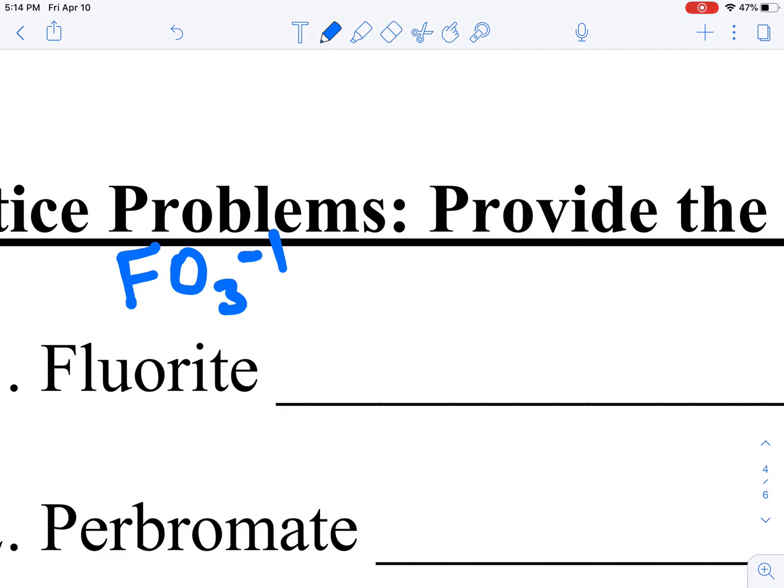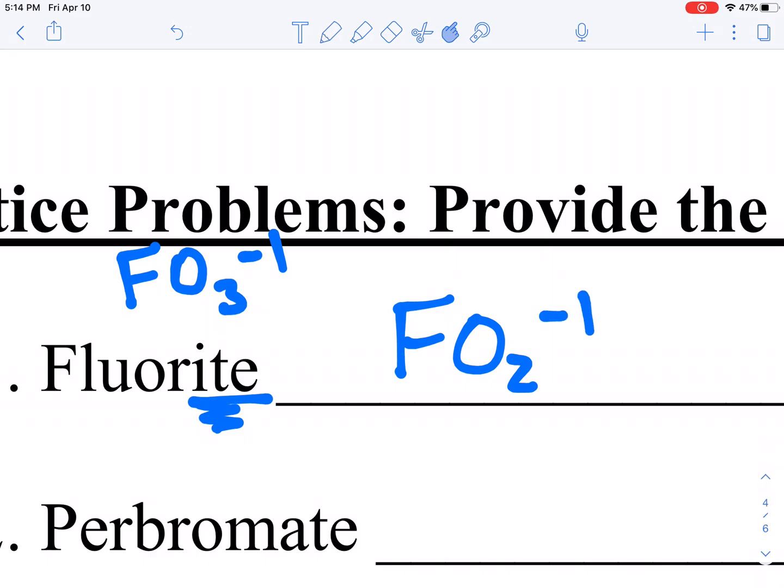And you'll notice that follows suit with the other halogens. So chlorate is ClO3, bromate is BrO3, iodate is IO3. So it's not surprising that fluorate is FO3 -1. But we want fluorite. We want the version that has one less oxygen, so that is going to be FO2 with a -1 charge. Notice the charge never changes.